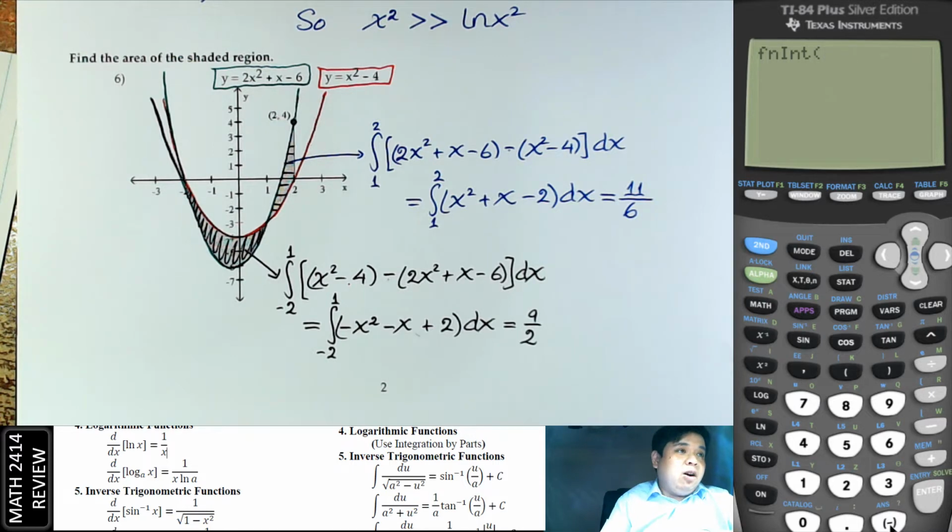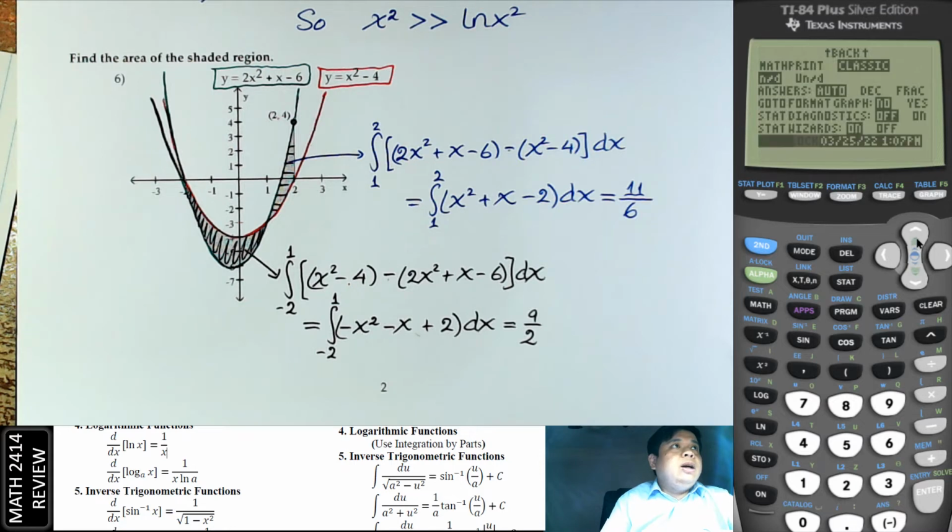Just enter the function, negative x squared minus x plus 2. The x is the variable that goes from negative 2 to 1. But it gives you the same thing.